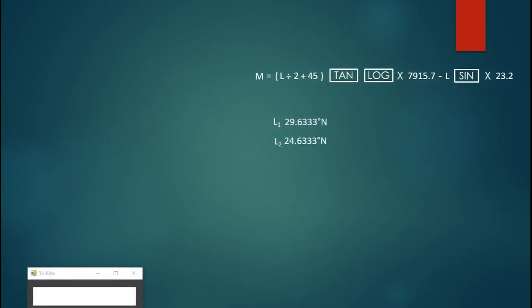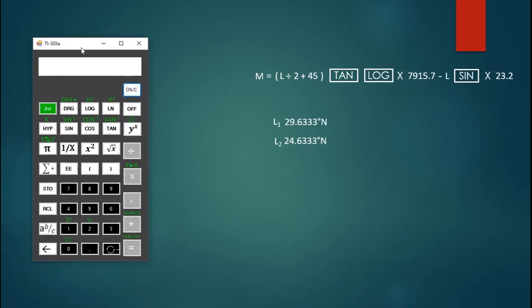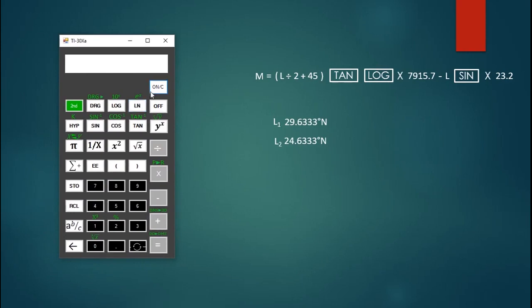So if we just pull two random latitudes like we would use in our problems after we've converted them to a decimal, we'll punch that into our Texas Instruments TI-30XA, same calculator we've been using for everything else. Here we're going to have to key in the decimal to 4 decimal places in all of them.